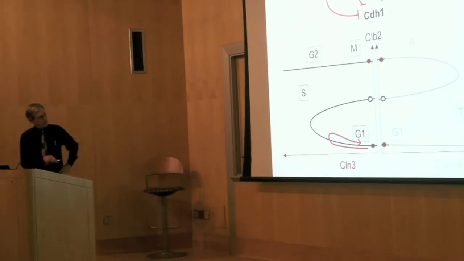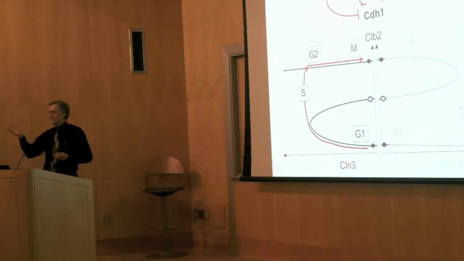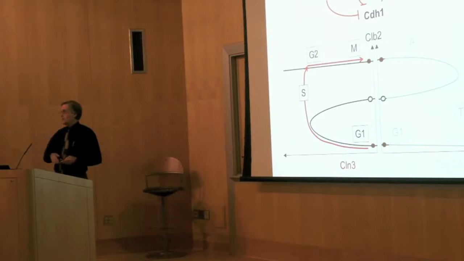And what I'll show you in this experiment, if he just produces a little bit of Clin3 and then turns Clin3 off, the cell tries to move out of G1, but then it changes its mind and goes back to G1. But if he produces more Clin3, then he can get the switch to flip and the cells will go into mitosis.